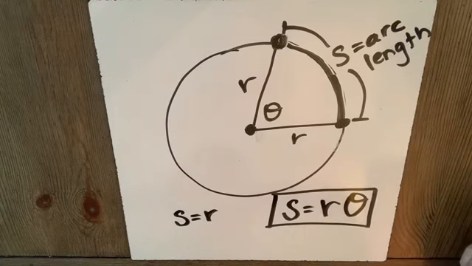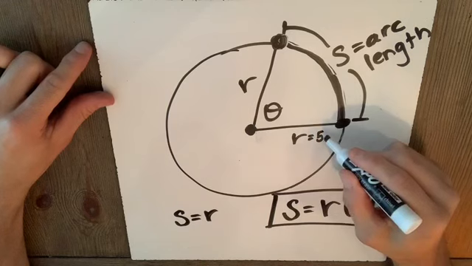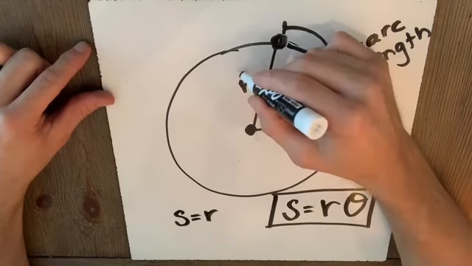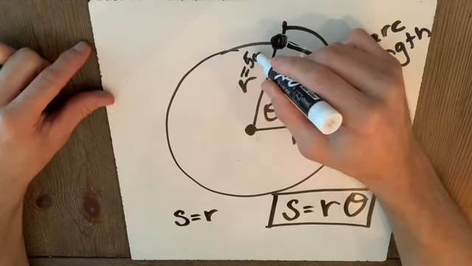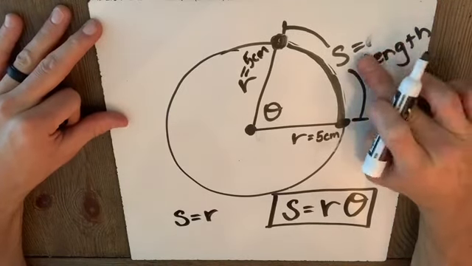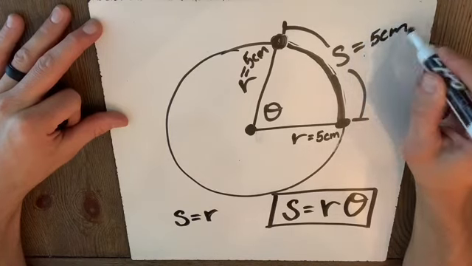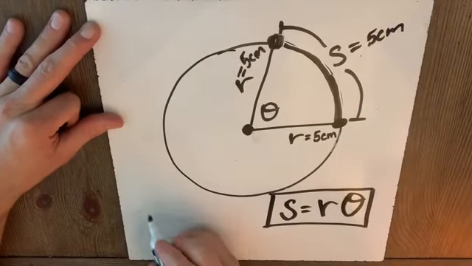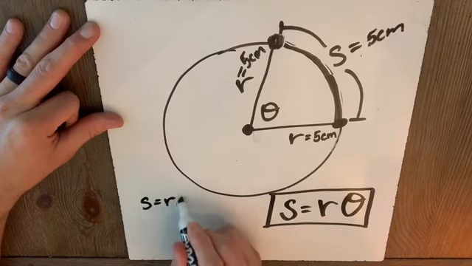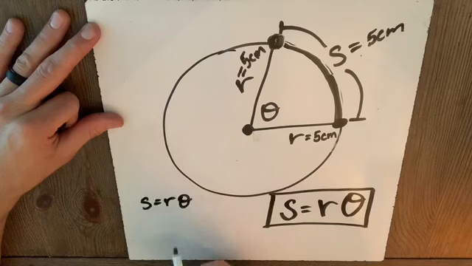So let's take an example where R is 5 centimeters. So of course it's also 5 centimeters here. And our arc length, let's call our arc length the same, 5 centimeters. Well, if S is equal to R theta, and we know R and we know S, let's solve for this angle.